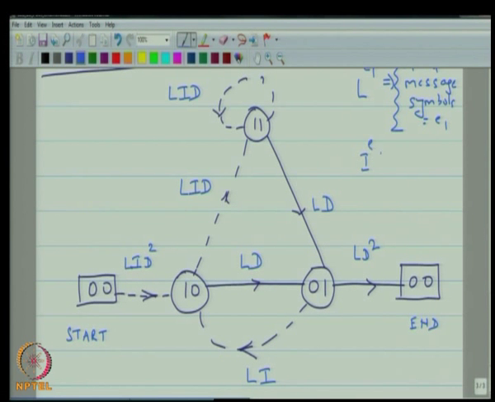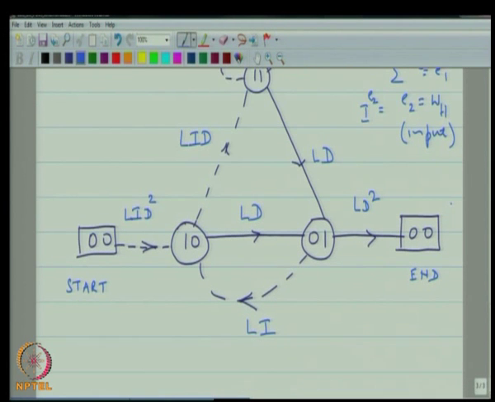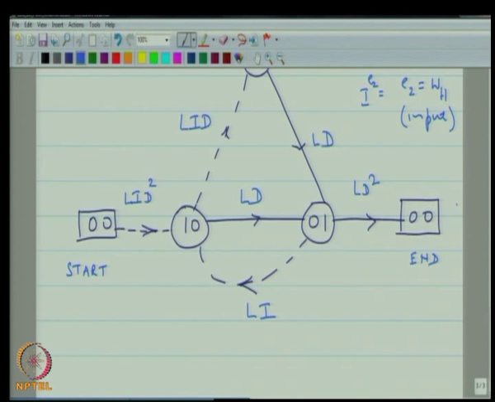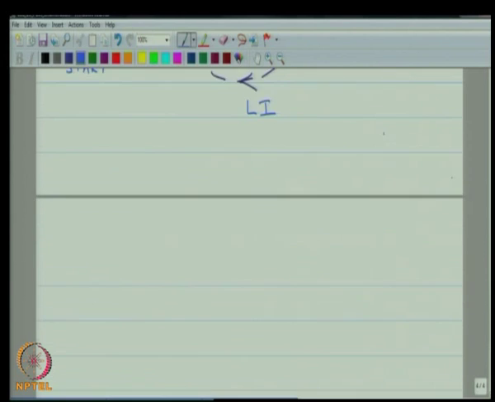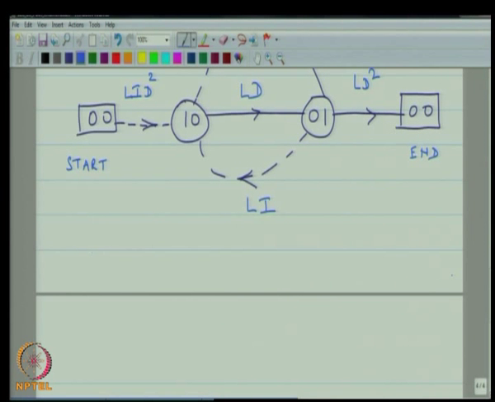I to the E2. So, E2 is the Hamming weight of the input, and the exponent of D, so if I have D to the E3, then E3 is the Hamming weight of the output.